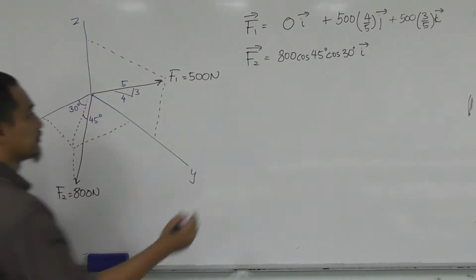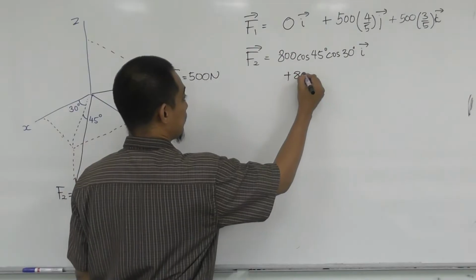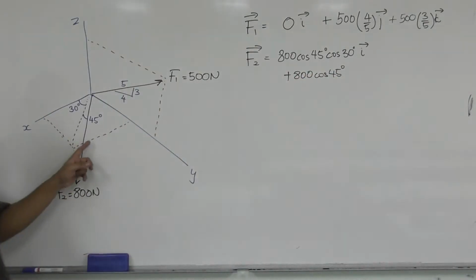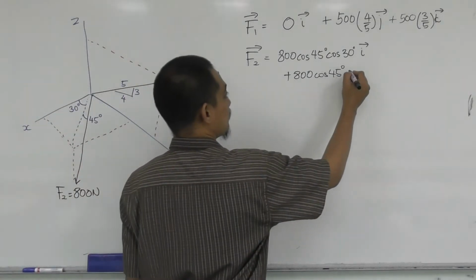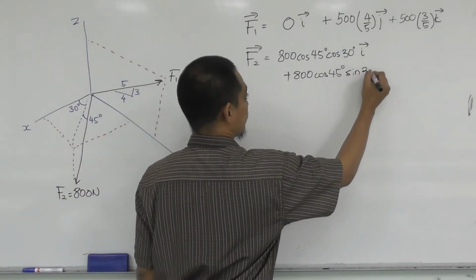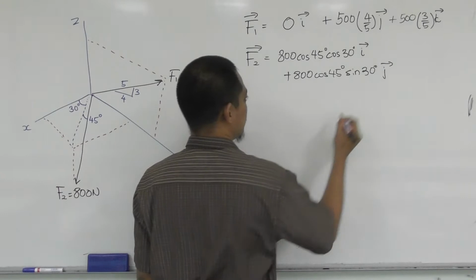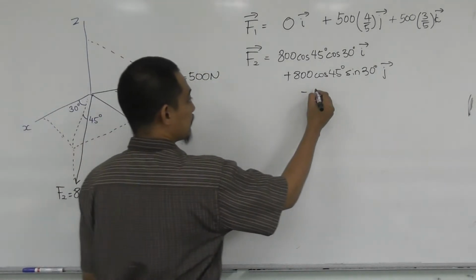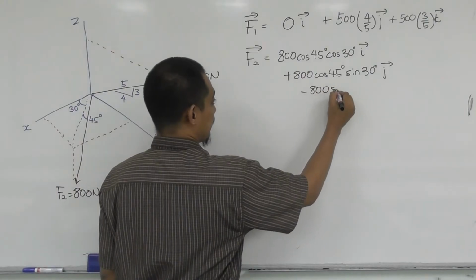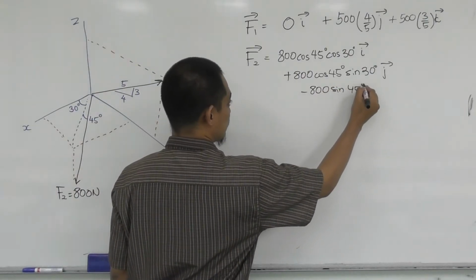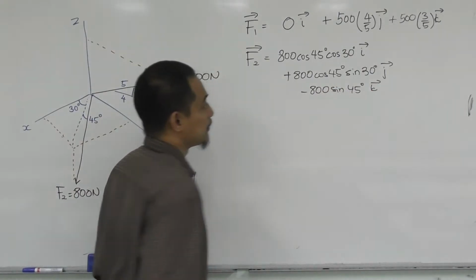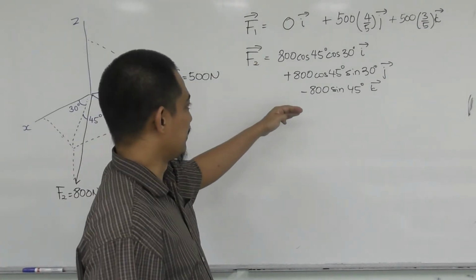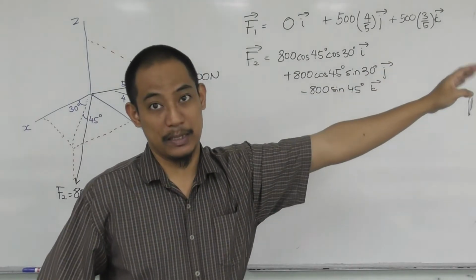And then positive here is plus 800 cos 45 degrees sine 30 degrees j, and then minus, obviously because going down, 800 sine 45 degrees k. Alright, I have to write in that layer because it's not enough space there.